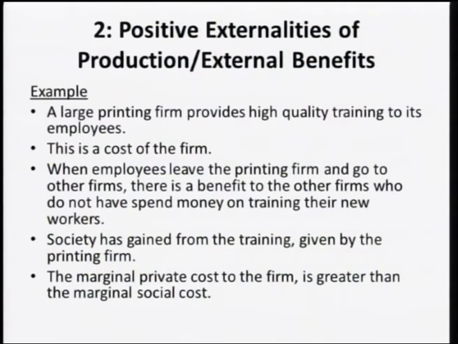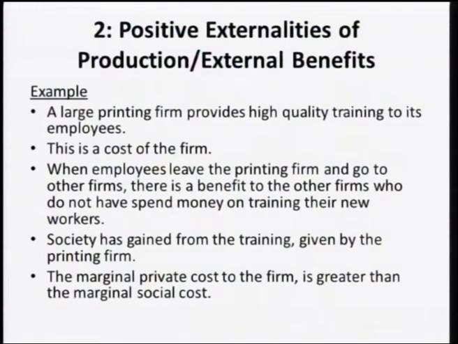This is a cost to the firm. What else? When employees leave the printing firm and go to other firms, there is a benefit to the other firms, who haven't spent money on training their new workers. They don't pay money for training.